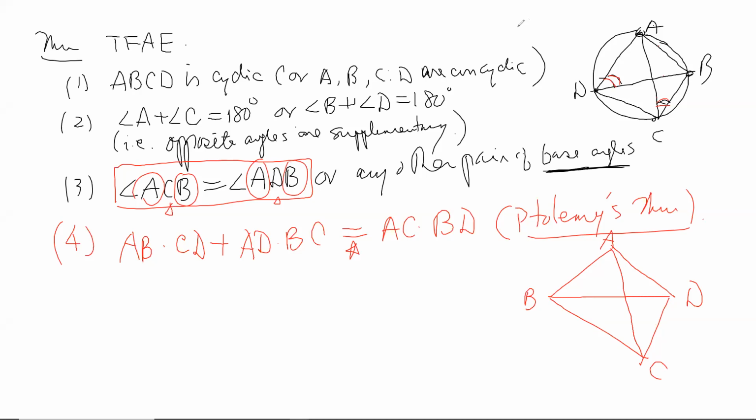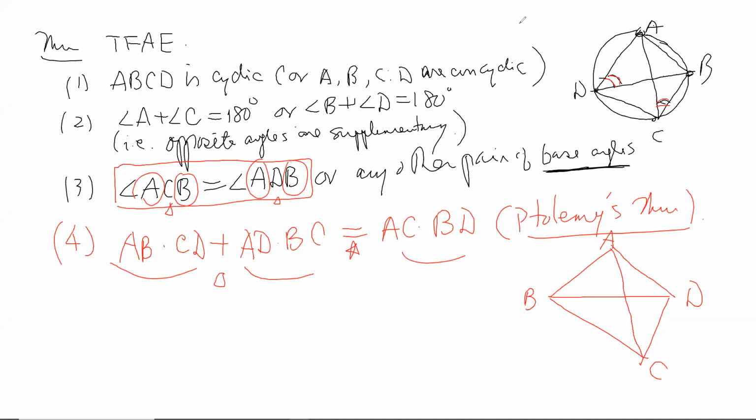AB times... No, use plain English. Oh, the sum of the products of the opposite sides is equal to the product of the diagonals. Right, that's how you remember a theorem.